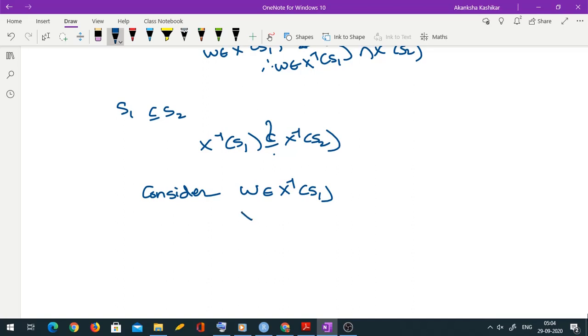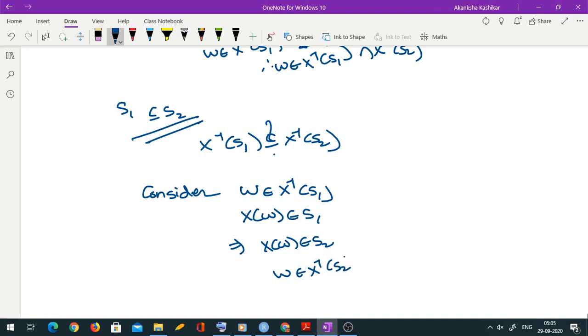So omega belongs to x inverse S1 means x of omega belongs to S1. Okay, x of omega belongs to S1. So this implies x of omega belongs to S2 also, because S1 is a subset of S2, and so this would mean omega belongs to x inverse of S2.